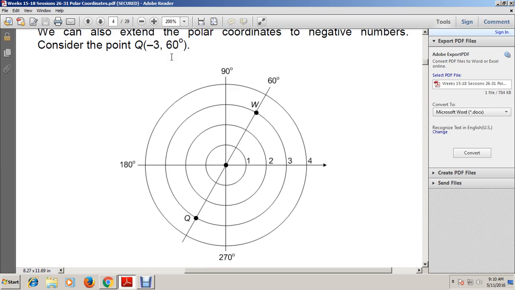So if we invert the signs, if we have a negative sense of the magnitude, that means we measure the given coordinate from the negative x-axis, and if we have a negative angle, that means we measure the angle in a clockwise sense.